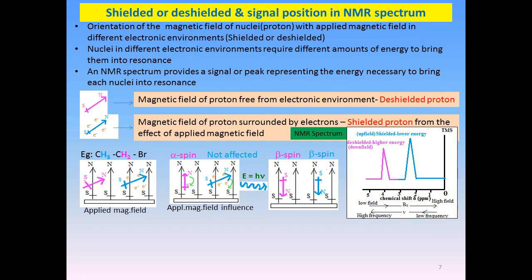The energy required to flip the shielded proton will be very less. Hence, that is depicted in the form of the chemical shift values. So, de-shielded proton will have a higher chemical shift value and shielded proton will have a lower chemical shift value.